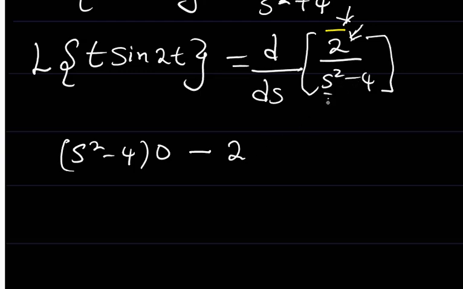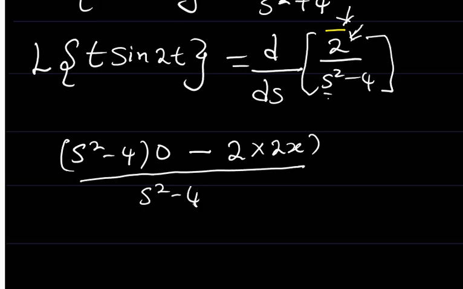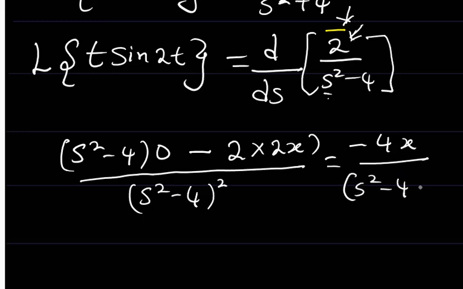If I differentiate s squared, I'm going to have 2s, times 2s, then all over v squared, s squared plus 4 all squared. So with what we have here, this is going to be minus 4s divided by s squared plus 4 all squared.